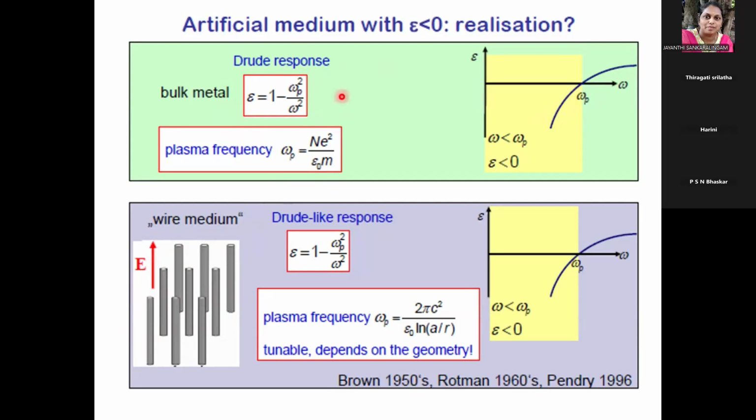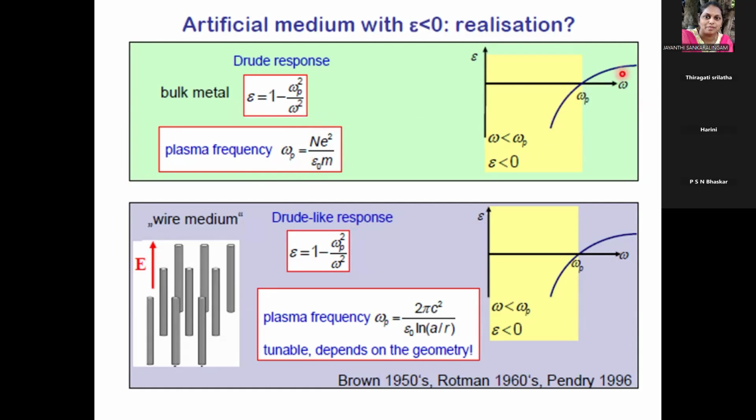In a plasma, this is also called the plasma frequency or the resonant frequency. For a conductor in general, N is the number of electrons, m is the mass, epsilon naught is the permittivity, and e is the charge of the electrons. For a conducting material, omega p is called the plasma frequency, which is decided by the combinations of the metal. So up to a particular frequency, epsilon is negative.